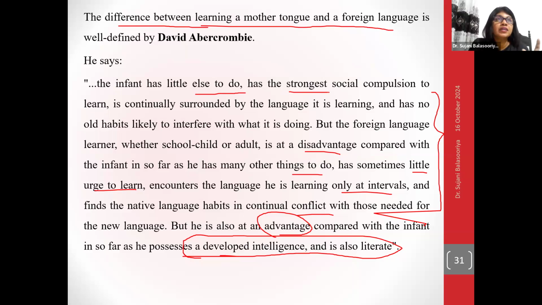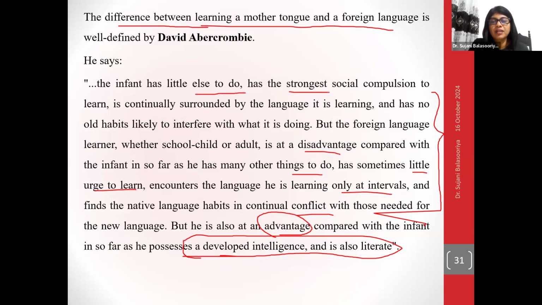Otherwise, the infant will not be able to get things done if he is unable to listen and understand, and if he is unable to speak and express his needs, right? There will be a problem in getting the basic needs done. So therefore, the infant has to use language. There is the strongest need, unlike an adult who is learning a second language. He may have little need to learn.